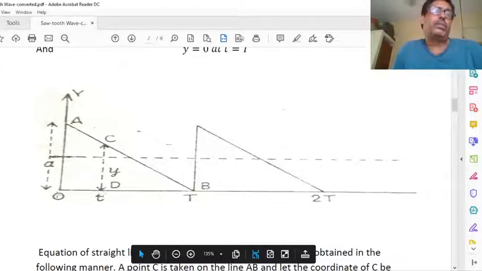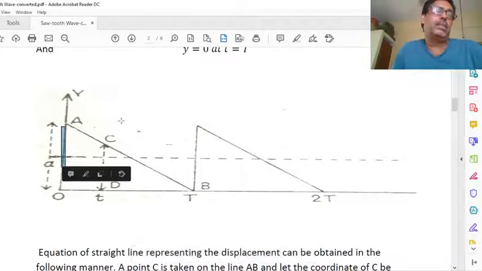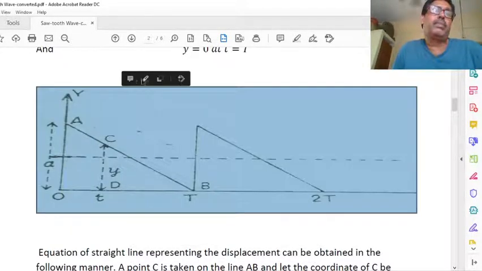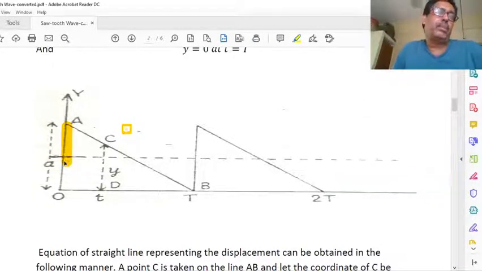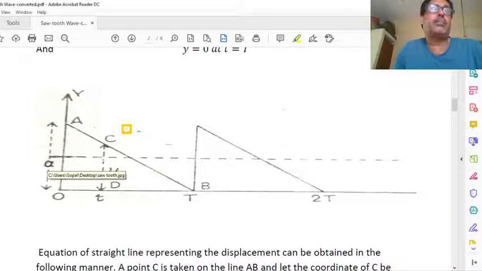At t is equal to 0, the displacement is maximum. This is your displacement A, so OA you can see. Small a is the amplitude; maximum displacement means amplitude.